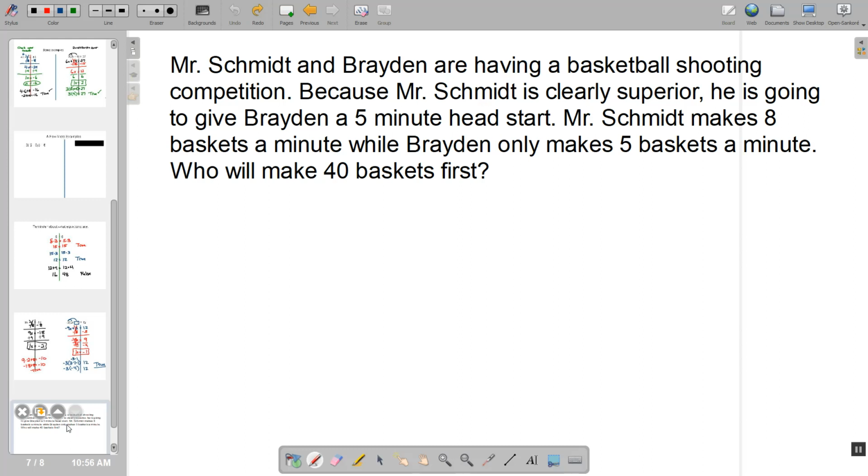Now, some of you would solve this by using a table or by guessing and checking, but I want to remind you that that strategy is still solving an equation. Just because you don't write out the equation doesn't mean you're not using equation reasoning to solve the problem. And that's going to be a big misconception in this unit, especially with your journals.